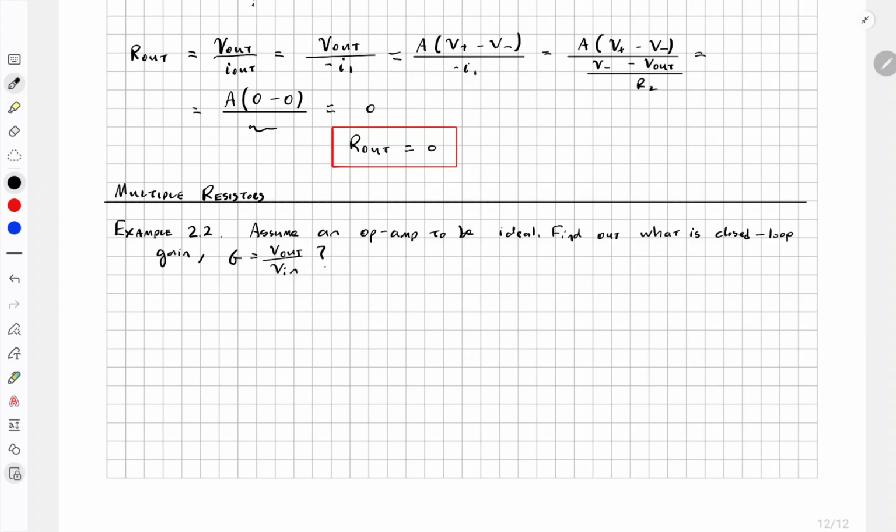So we ask you to find out what this closed loop gain is. I'm going to provide the circuit that we're going to solve. So we're going to do this circuit here.